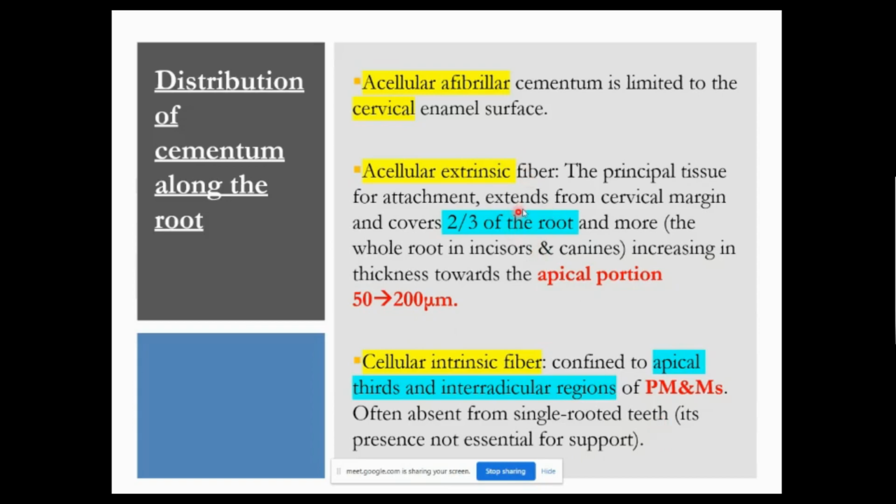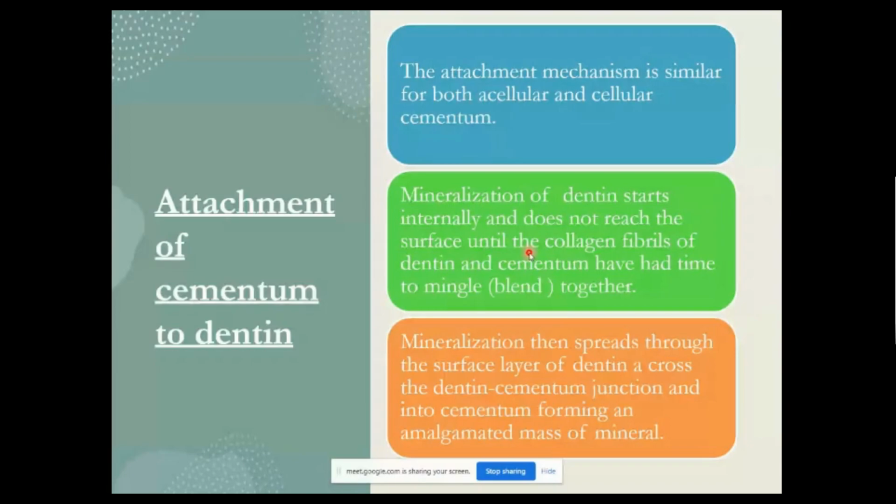So acellular extrinsic fiber is the main type of cementum which is responsible for the support or the anchorage of the teeth. So we understood how the cementum is attached to the bone through the periodontal ligament. Let's see how the cementum is attached to the dentin and how the cementum is attached to the enamel now.